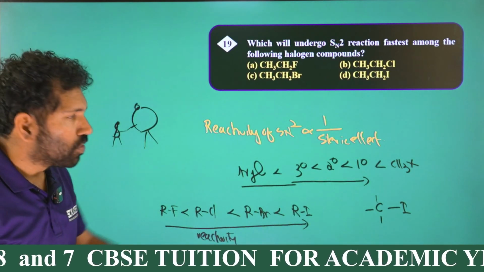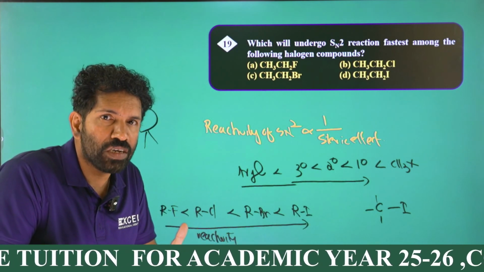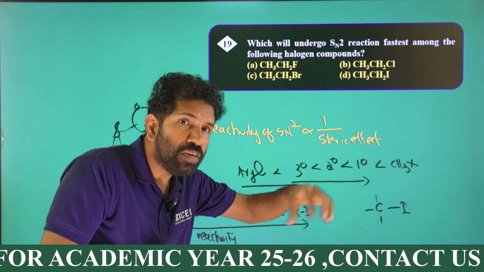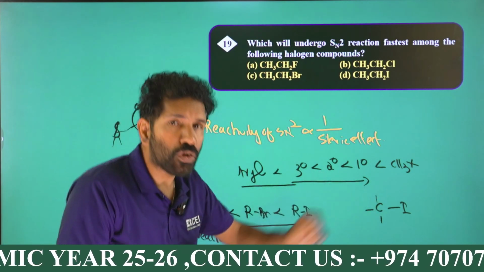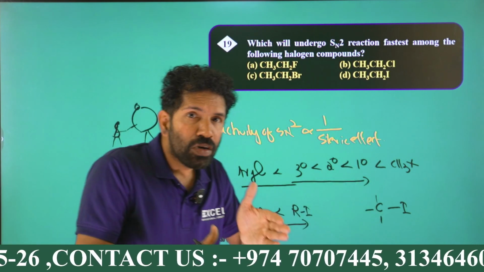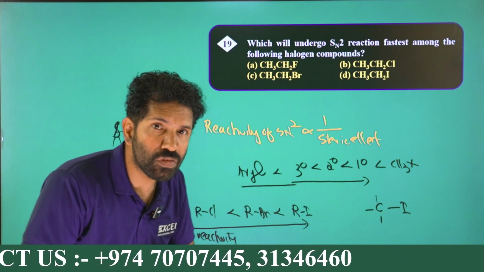Because of the weaker bond, I minus will leave easily. So I minus will be a better leaving group. In other language, we can say the carbon-iodine bond has low bond dissociation enthalpy.